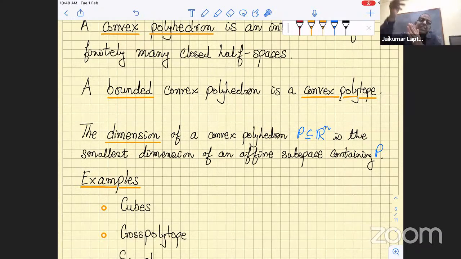In which case, we will say that the dimension of that polyhedron is 1. So what is the dimension of a polyhedron? You might be a polyhedron in R to the power n, in the n-dimensional space, but consider the smallest affine space that contains your polyhedron. The dimension of that is called the dimension of the polyhedron.